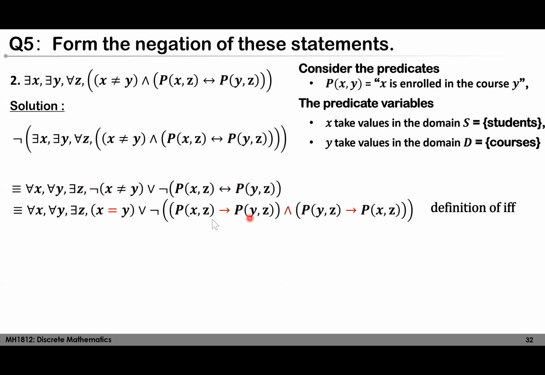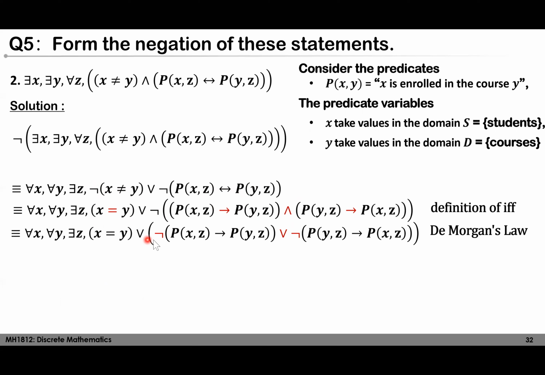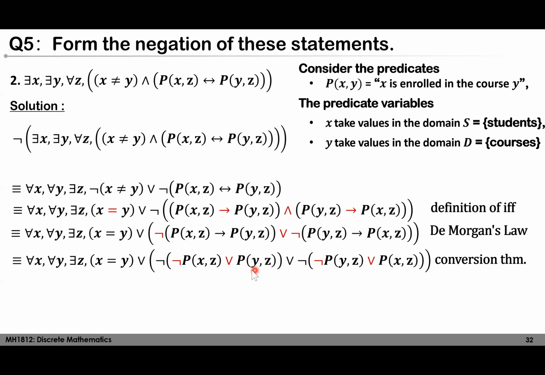So because there is a negation of conjunction, we take negation inside brackets according to De Morgan's law, and then we say there are two conditional propositions, and by the conversion theorem, we translate it into the negation and disjunction form.